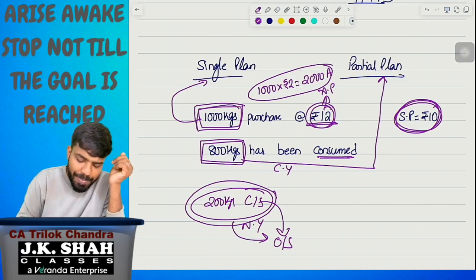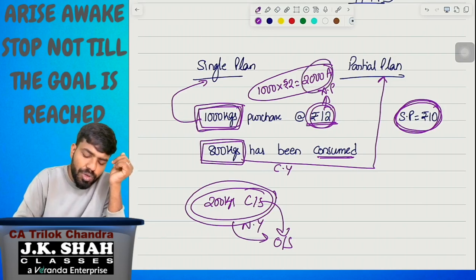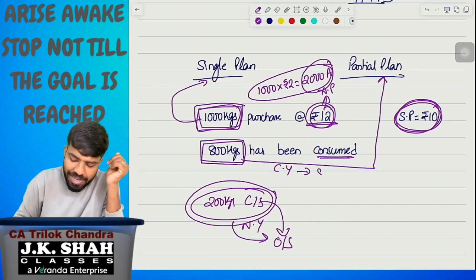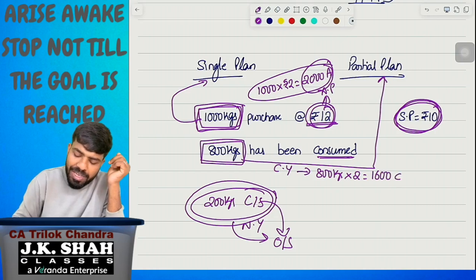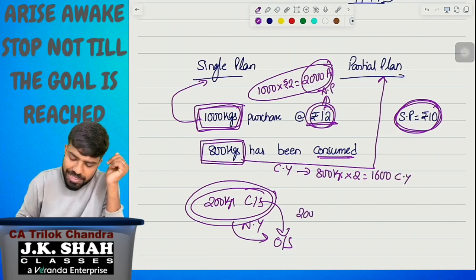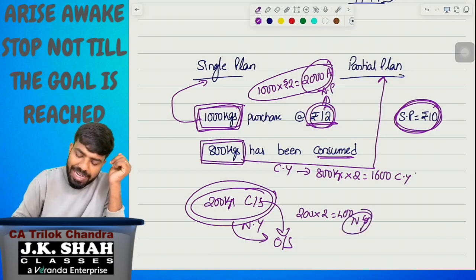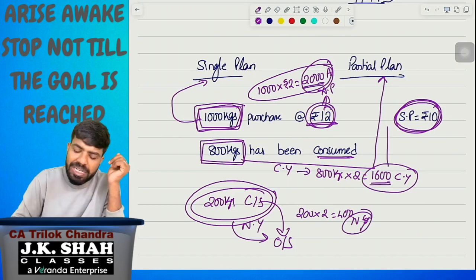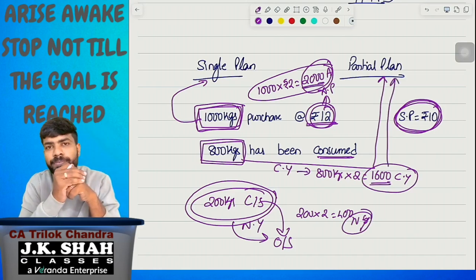When it comes to single plan, total price variance is 2,000 rupees adverse. When it comes to partial plan, in the current year, 800 kgs, each kg variance is 2 rupees, that is 1,600 rupees recorded in the current year, and 200 kgs into 2 rupees, 400 rupees will be recorded in the next year. Out of 2,000 rupees, we are recording only 1,600 rupees, so it is called partial plan.